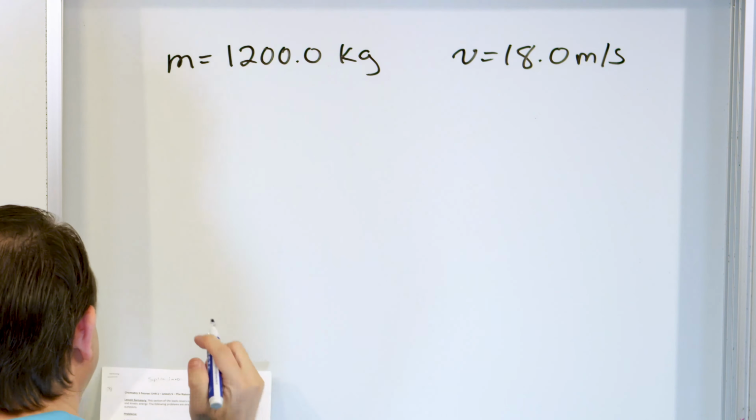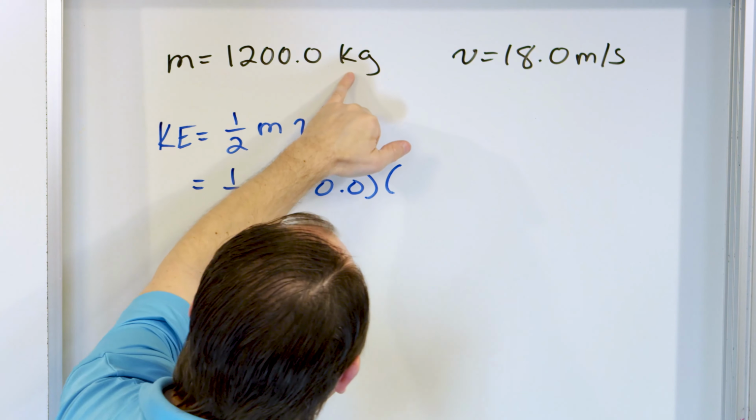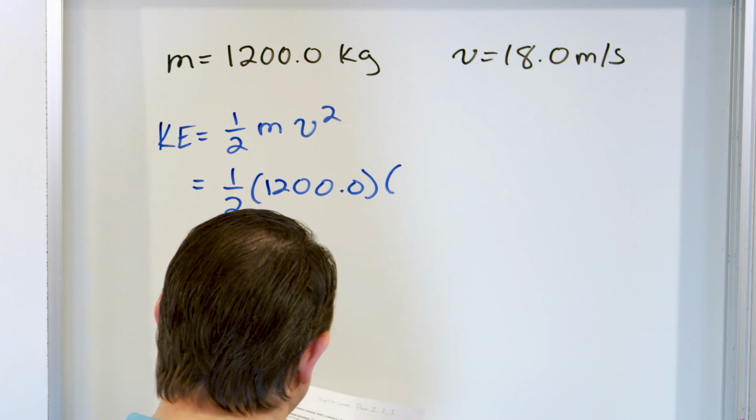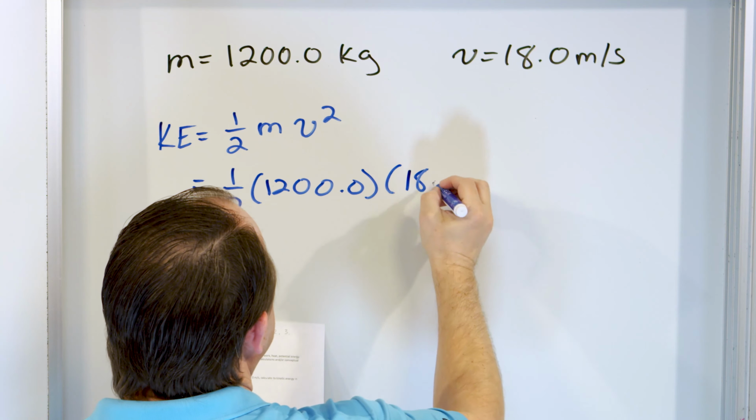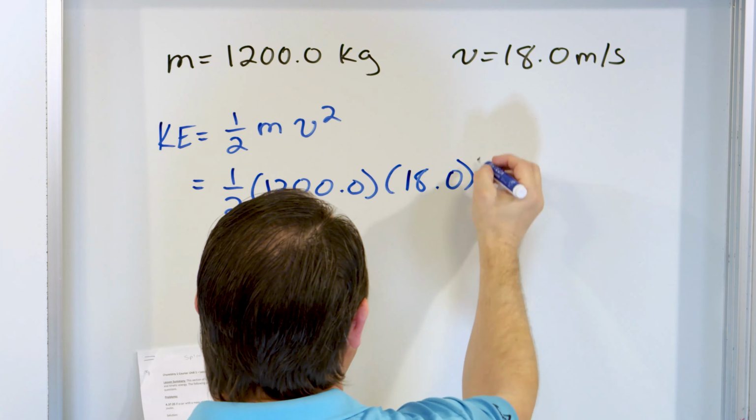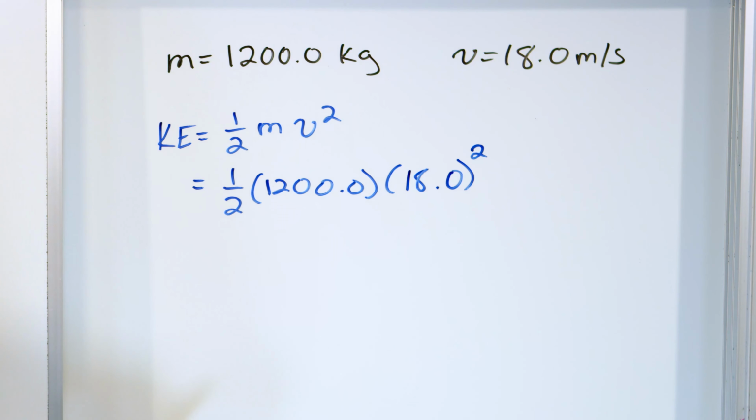The kinetic energy is 1/2 times m times v squared, which is 1/2 times the mass of 1,200, and then we have the velocity, which is 18 meters per second. If you were not given the velocity in meters per second, you would have to convert it to meters per second. If you were not given the mass in kilograms, you would have to convert it to kilograms. But here everything is already given to us like this. We just times 18, and it's got to be squared, 1/2 mv squared.